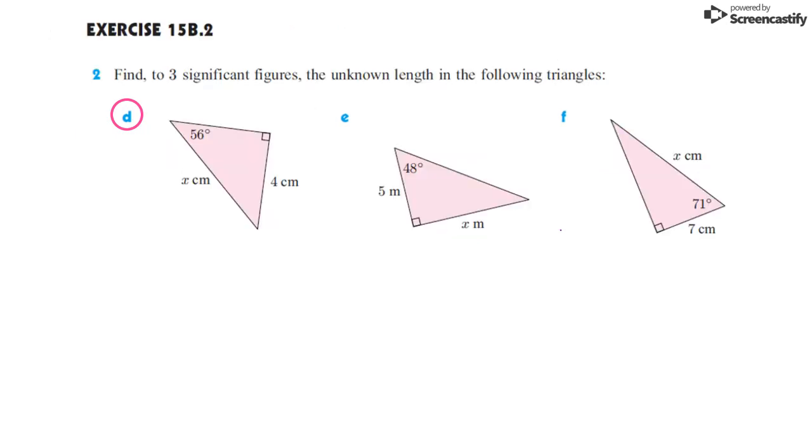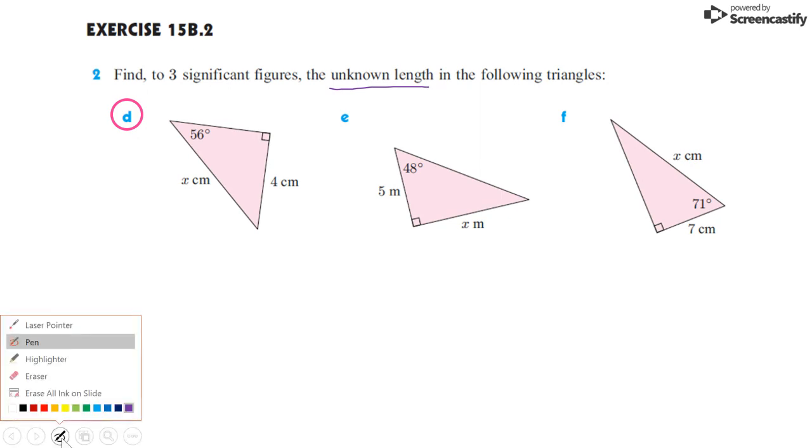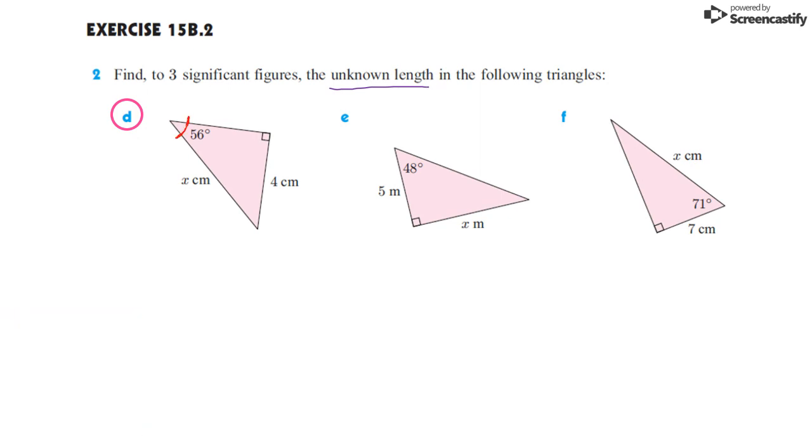Okay. In this last question for this video, we want to find to three significant figures the unknown length in the following triangles. So to do so, we need to set up and solve a trig function most likely. Notice, because we don't have two of the three sides, we have to set up a trig function, and it all comes down to which angle we're referencing.